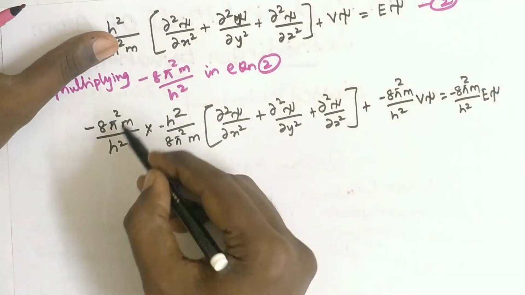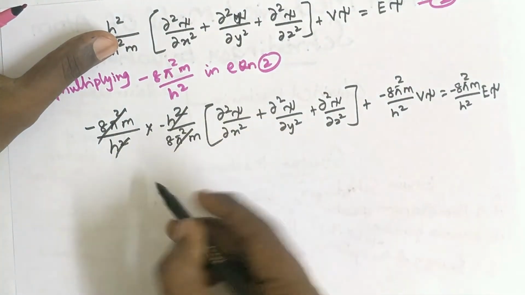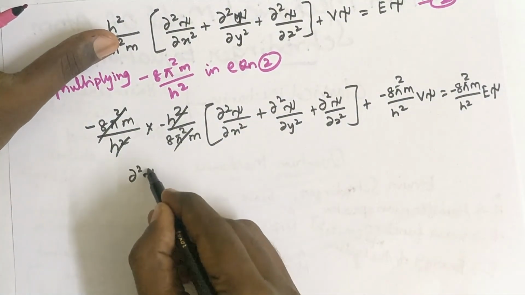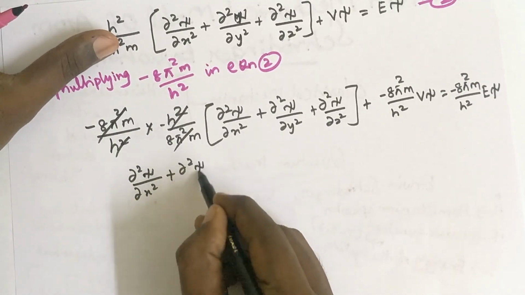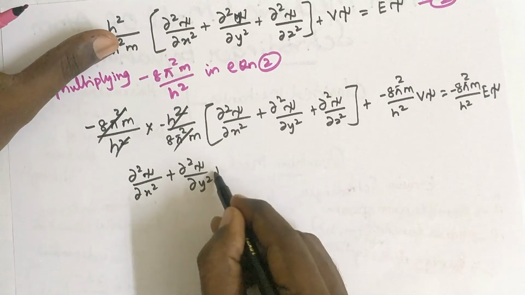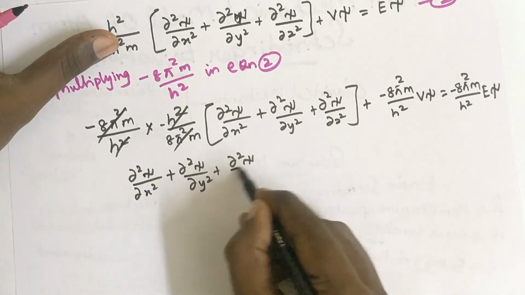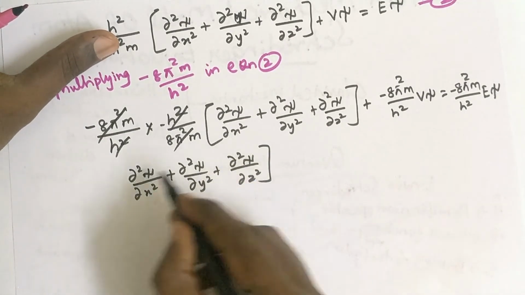So this we can cancel, and the remaining we have dou square psi by dou x square plus dou square psi by dou y square plus dou square psi by dou z square.